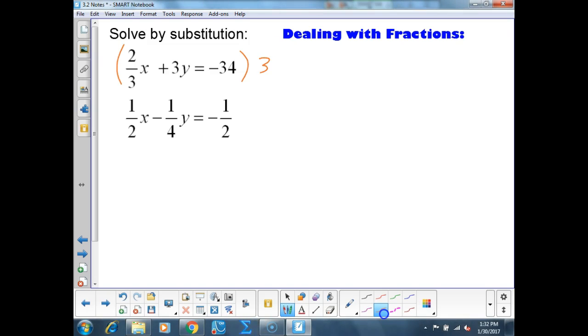Now, when I do that, I've got to multiply in that 3 everywhere. So that gives me 2x plus 9y equals negative 102.